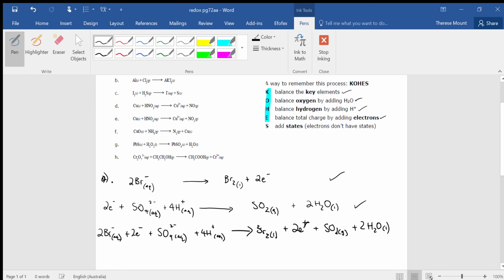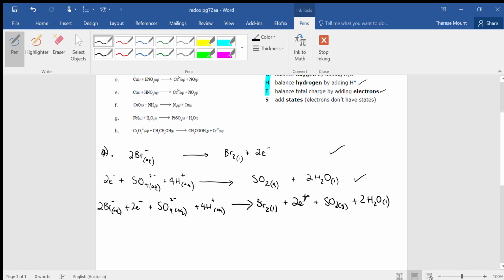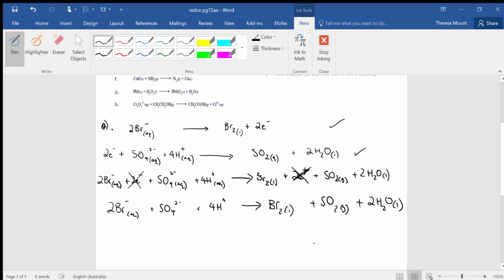Okay, good. So now I need to have a look and see if I need to cancel out anything. I've got 2 electrons and 2 electrons, so I can cancel those out. Do I need to cancel any waters out? Do I need to cancel any hydrogens out? No, I don't, so I can just rewrite my equation completely. And that is it. That's done.